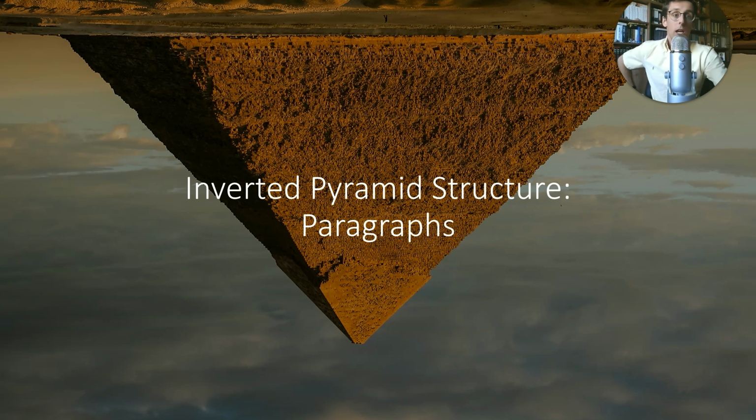Now, let's look at the building blocks of the inverted pyramid structure, which are paragraphs. And again, paragraphs are very, very important because, as much as many PhD students and researchers do get the overall structure of a journal paper right, usually they know this: first an introduction, then the methodology, and so on.